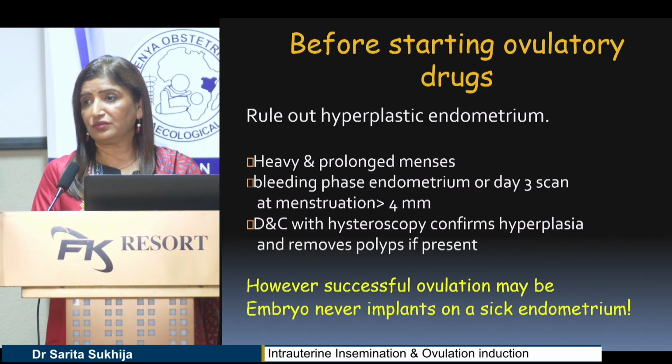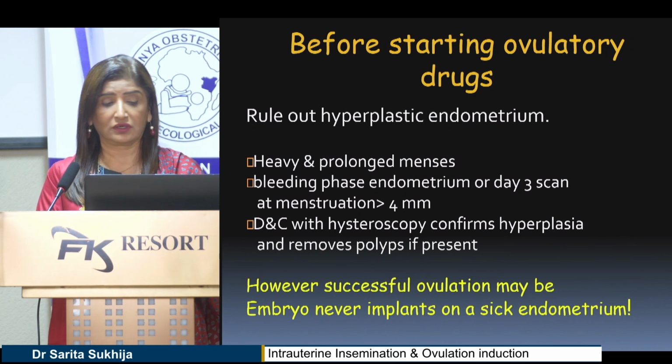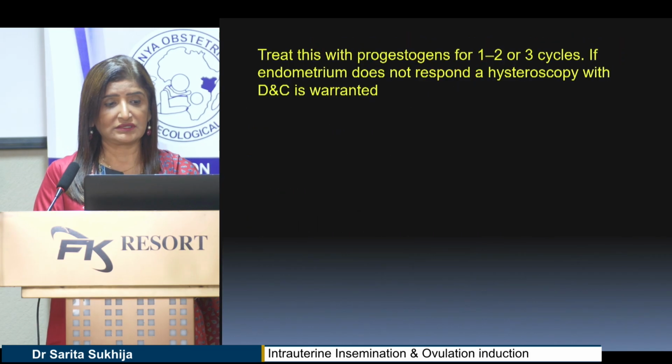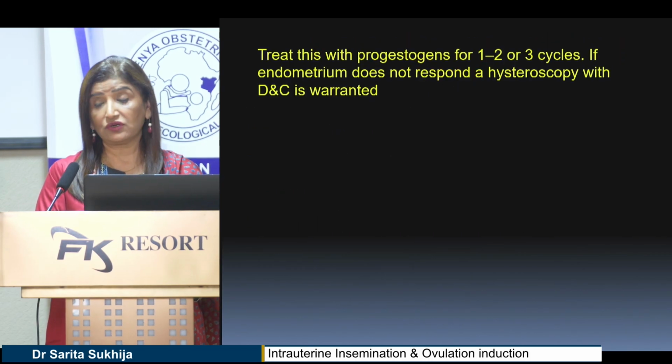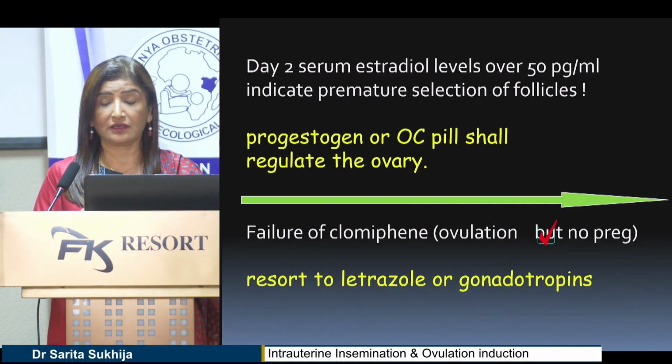If the endometrium still remains thick, the patient should be taken up for hysteroscopy and DNC, and the tissue sent for hyperplasia. Because if the endometrium is hyperplastic, it is difficult to get pregnant.